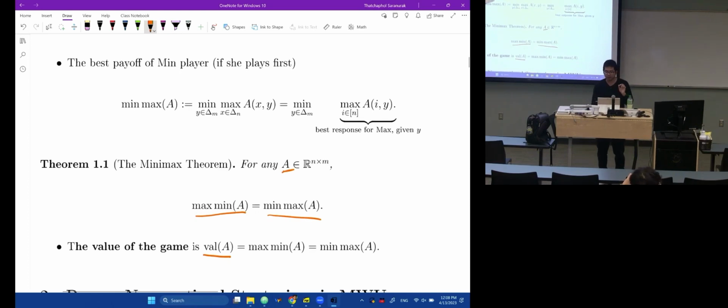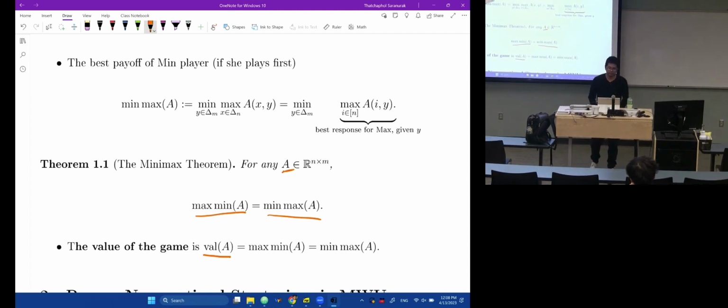That's just the best payoff that both max and min can hope for. So given any game, we know that if max and min want to optimize their utility, there is just one number. The best they can hope for is just the value of the game.